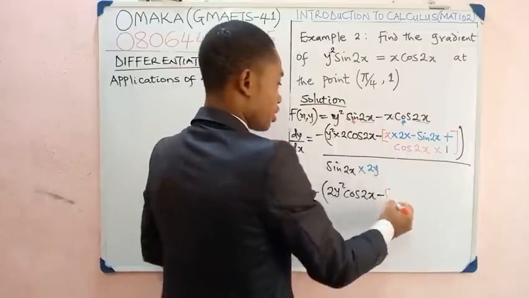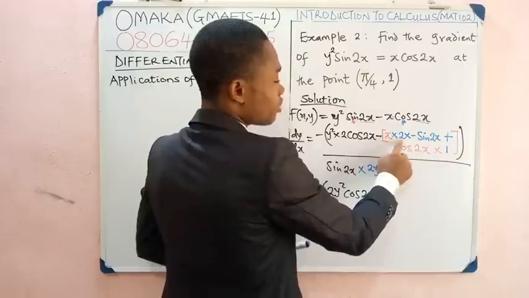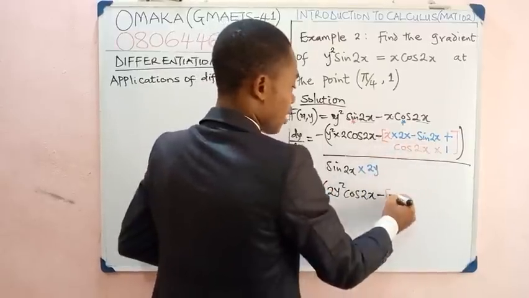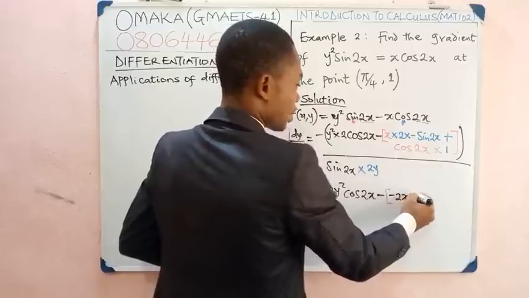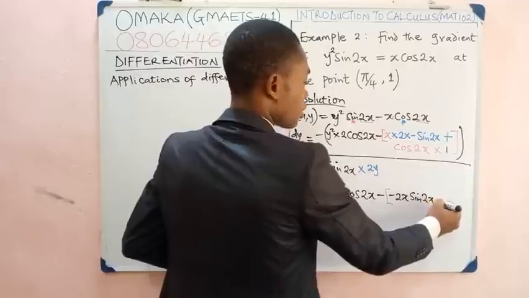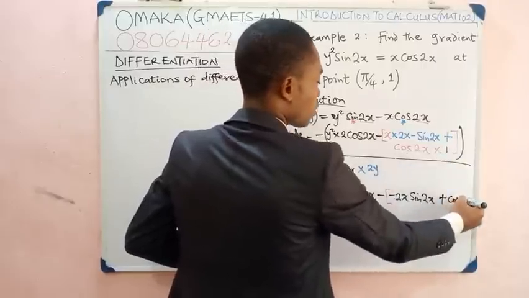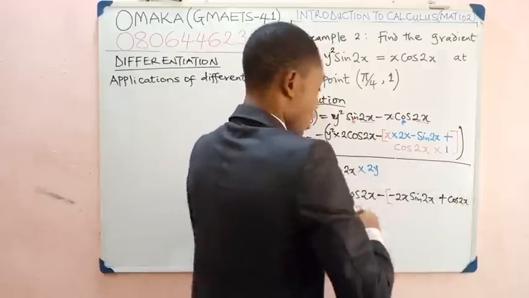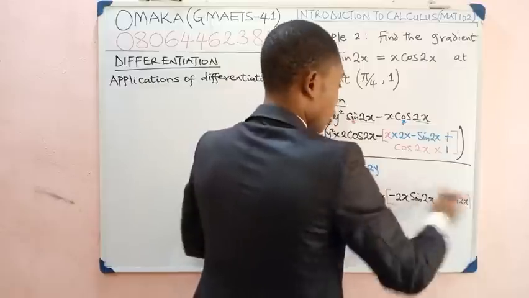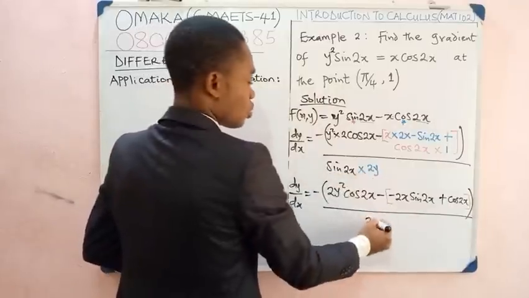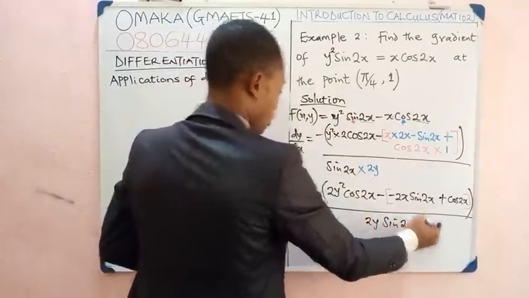Open my bracket. Then we'll have x times 2x times minus sine 2x, will give us minus 2x sine 2x. And then plus cos 2x times 1 will give us cos 2x. Alright? And then everything will be divided by this times this, which will give us 2y sine 2x.